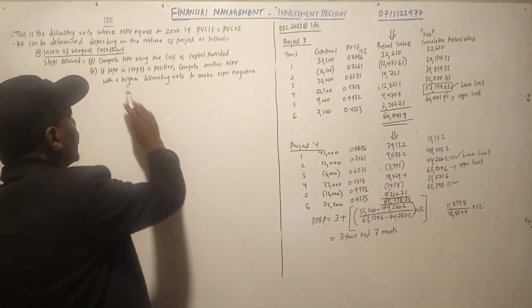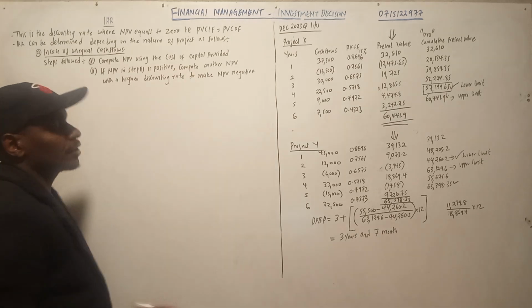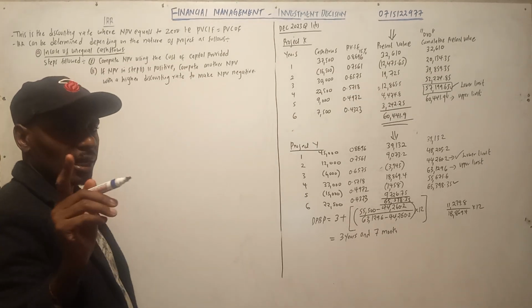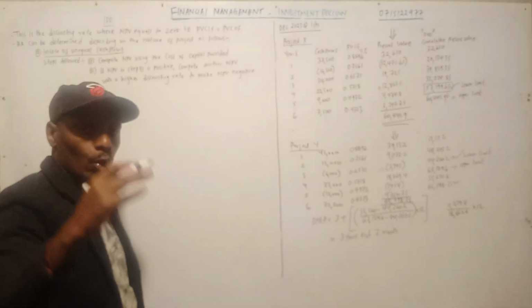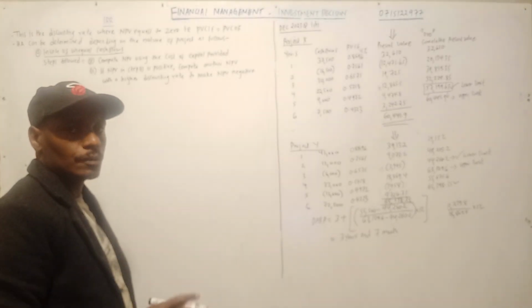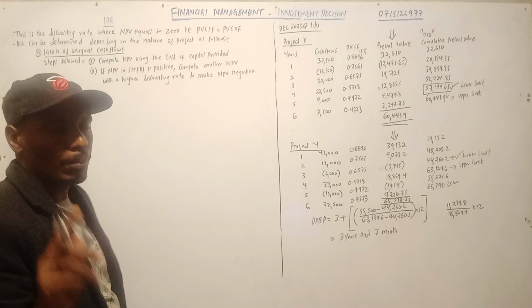Now, assume the NPV you compute in step 1 is negative. Compute another NPV using a lower discounting rate to make the NPV positive.